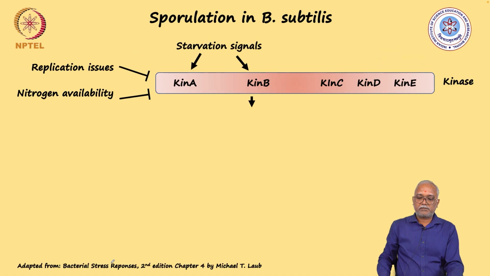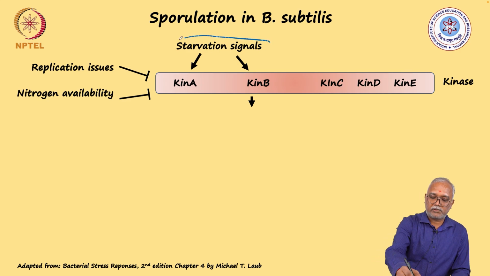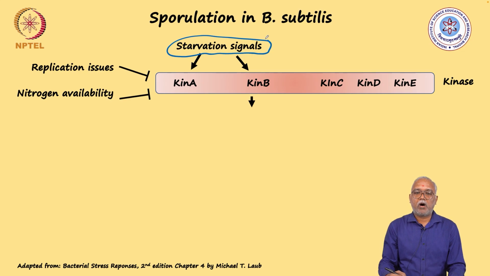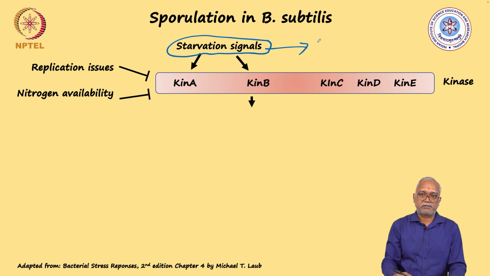Now let's see what happens inside the bacteria when this process must start. There must be some signal which senses that there is a problem, or less nutrient available, or cell density is more. So in some sense, less nutrient available is like a starvation signal.